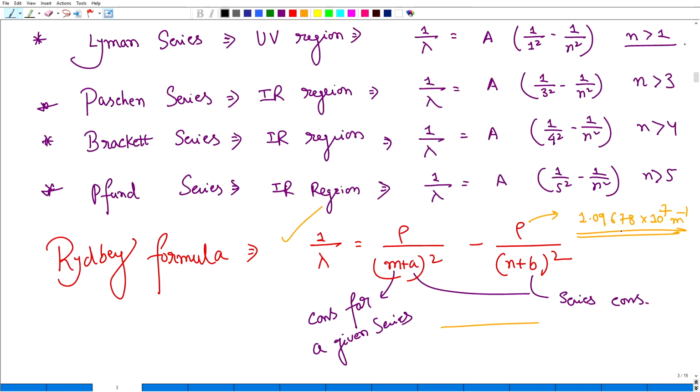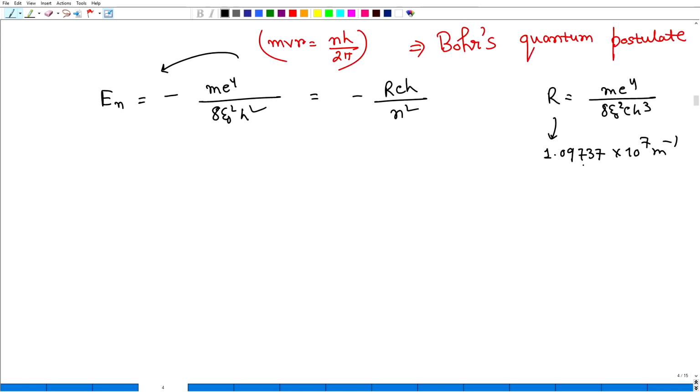We can see this value is not the same, it is a different value. The experimental value is 1.09678. So we can say this is the theoretical value and that is the experimental value. There is a close match, a 99% match you can say. So this actually justified the results.